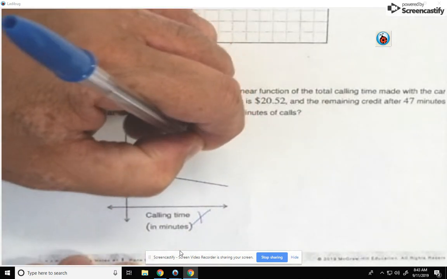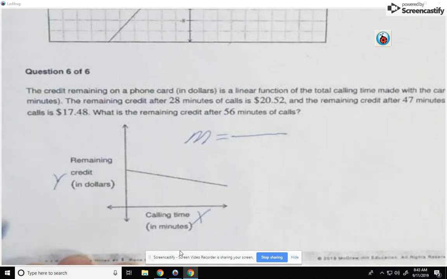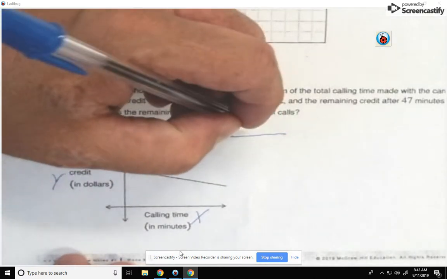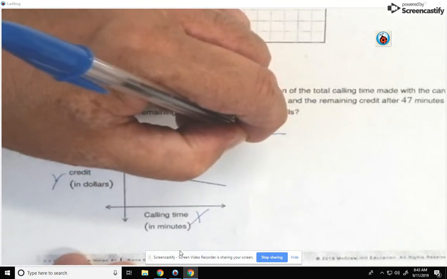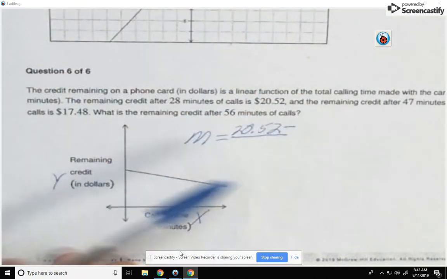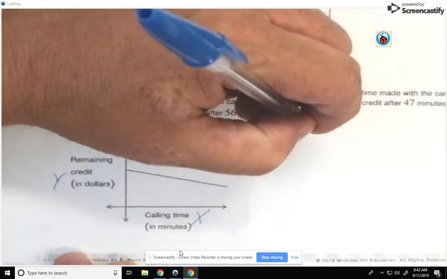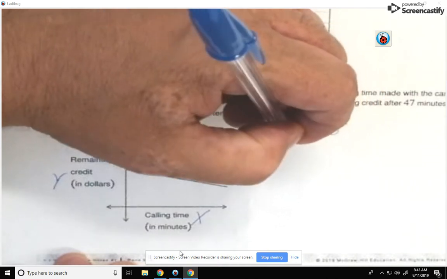To figure out our slope, we know it's the difference in our y's over the difference in our x's. Our y is the dollar amount. At 28 minutes we had $20.52, so we start out with $20.52 minus, at 47 minutes, $17.48.